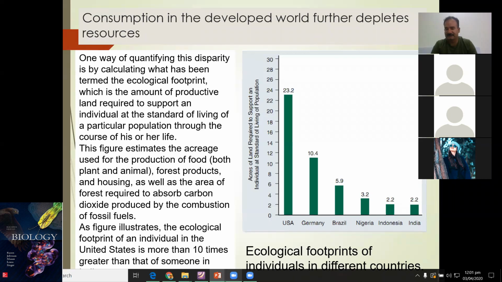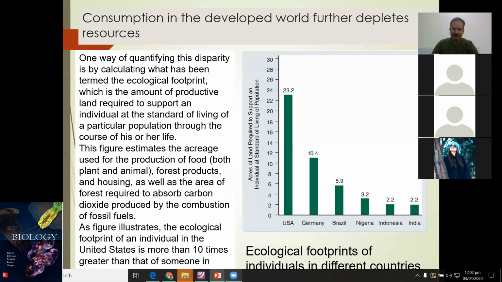Whereas it is reduced in Germany, and then Brazil, then Nigeria 3.2, 2.2 in Indonesia, and 2.2 in India. Similarly, we have 2.2 in Pakistan, because we also have dense population, which is an alarming situation for future progress.